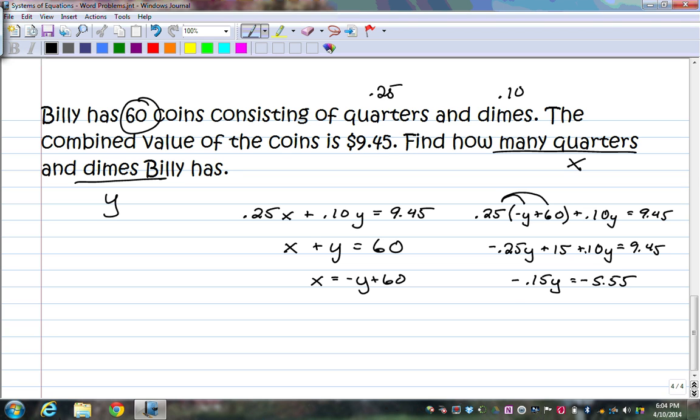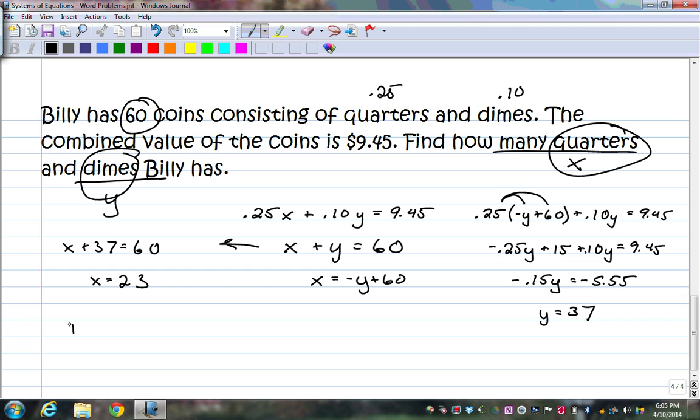I'm going to divide both sides by that negative 0.15, and y is equal to 37. 37, again, is the number of dimes. All right, then I'll go to this equation right here, and I'm going to say x plus 37 is equal to 60. Subtract 37 from both sides, and x is 23, and that's how many quarters I have.